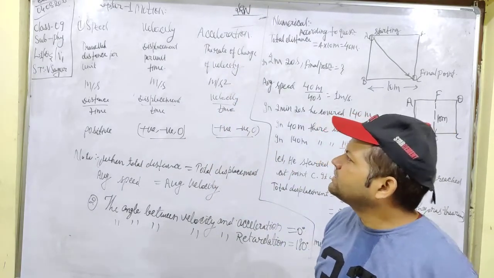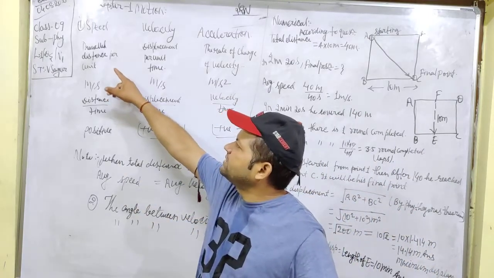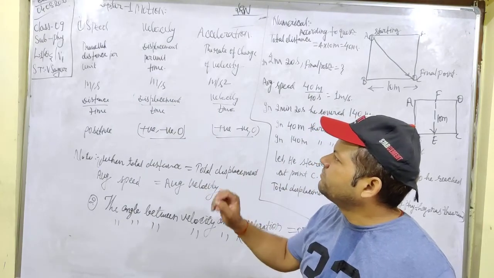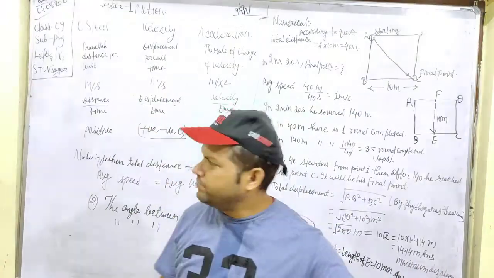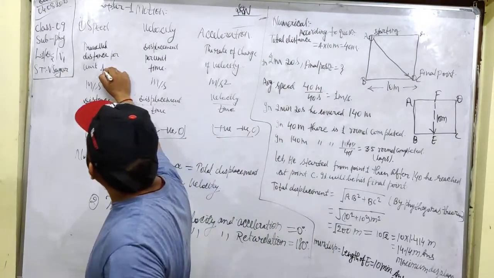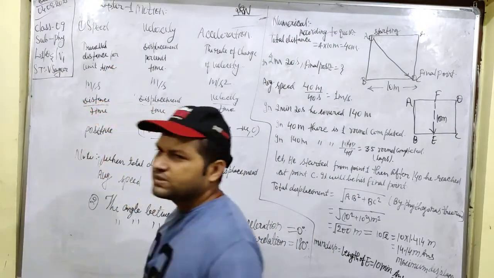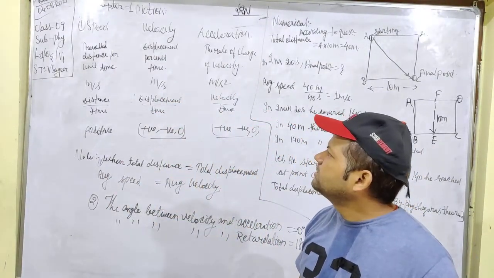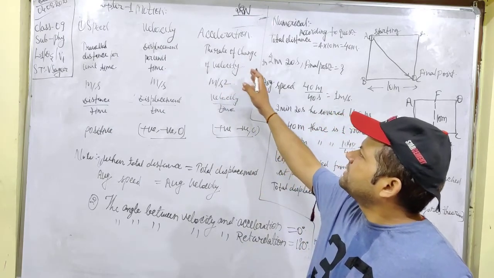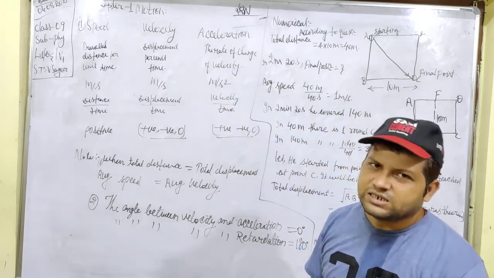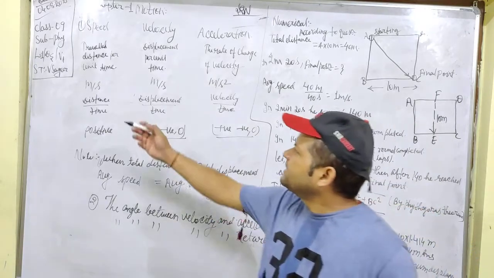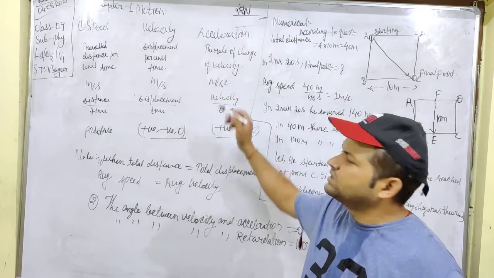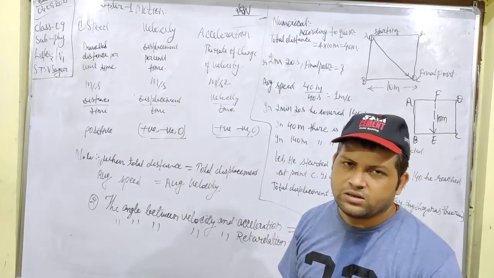So understood, please: the rate of travelled distance per unit time is called speed, the rate of covered displacement per unit time is called velocity, and the rate of change of velocity is called acceleration. Speed and velocity have the same units, but the unit of acceleration is meter per second square.